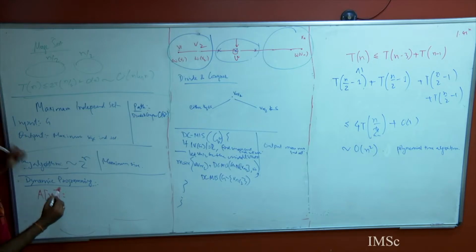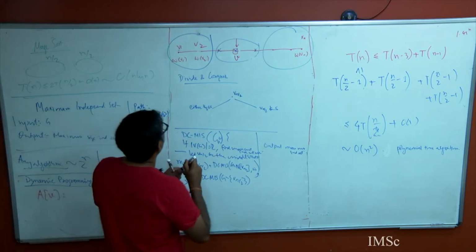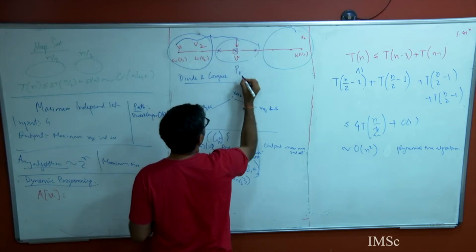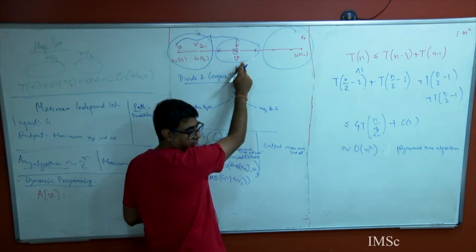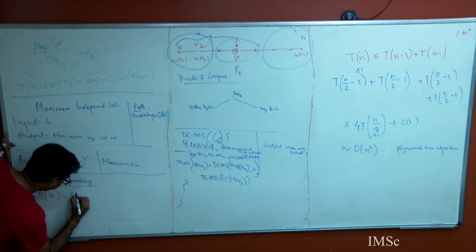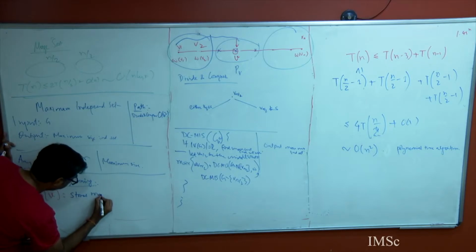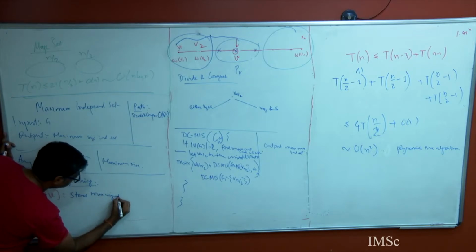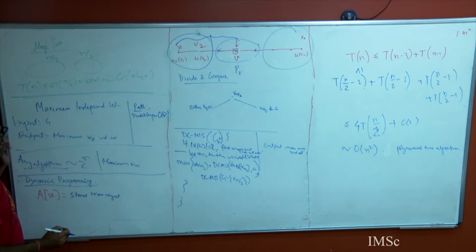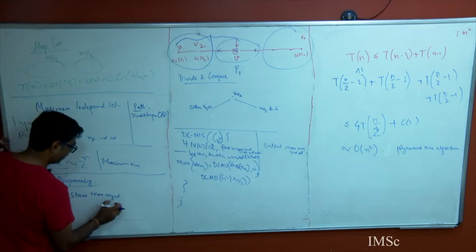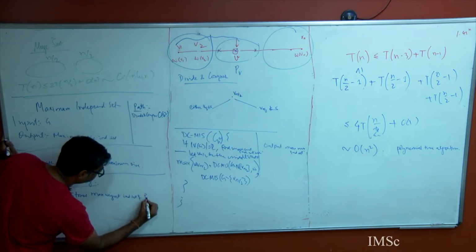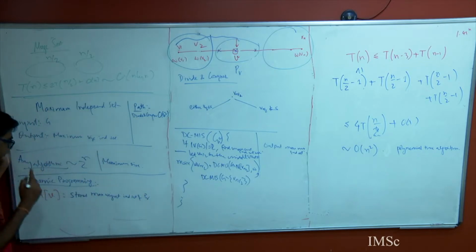First, by PV I will denote the path up to V. So AV for now stores the max weight independent set of PV, up to PV. This is what it stores.